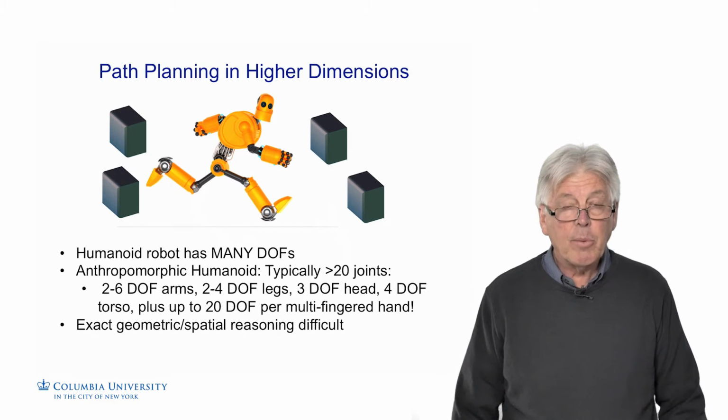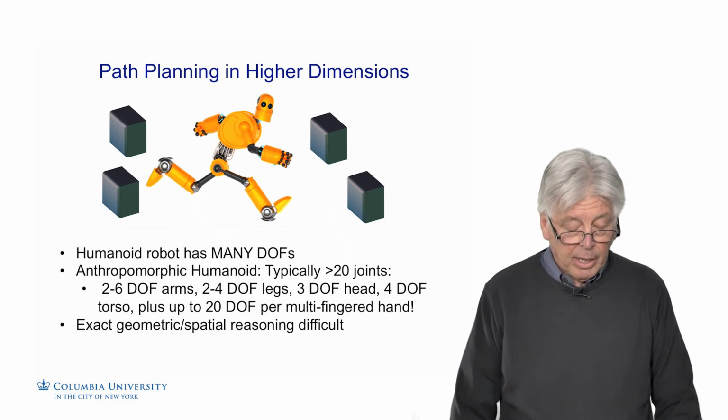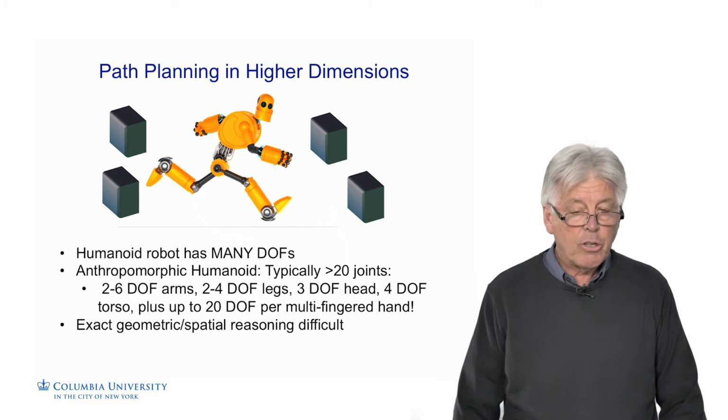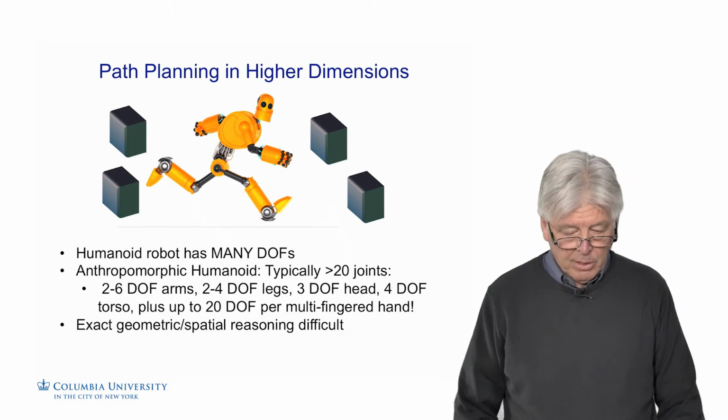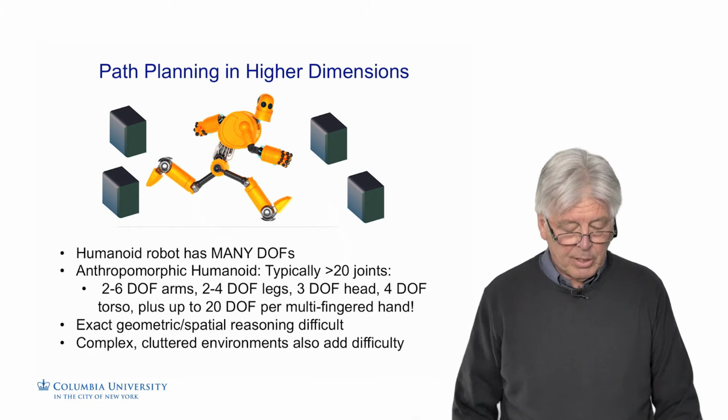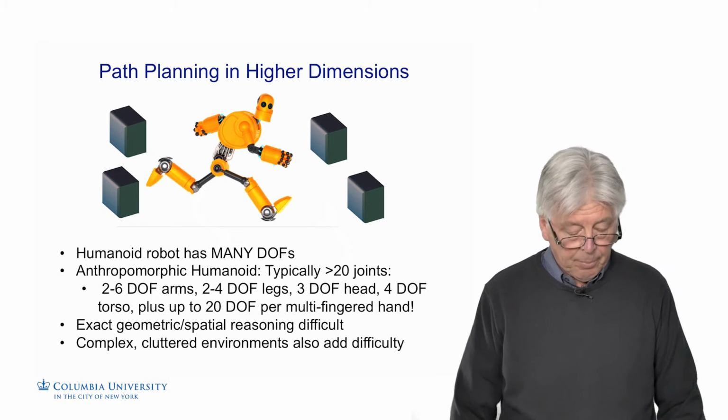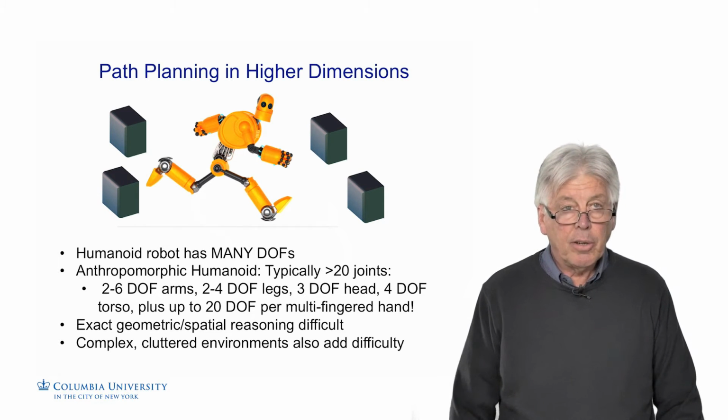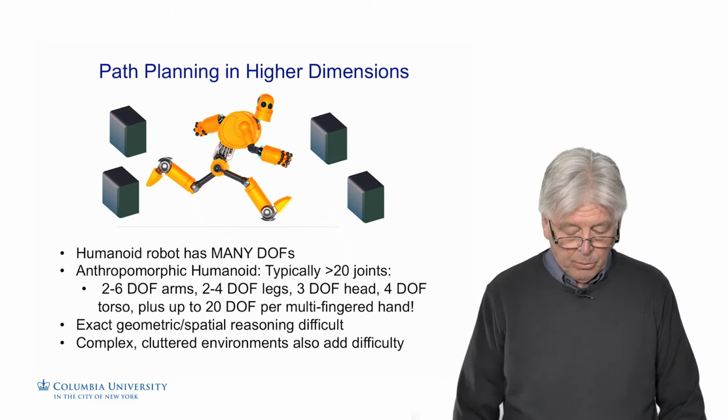So you can see with that many joints and that much mass and volume to worry about, exact geometry and spatial reasoning is very difficult. So this is part of the problem of this higher dimension planning. And obviously complex cluttered environments with lots of stuff in them create more difficulty.